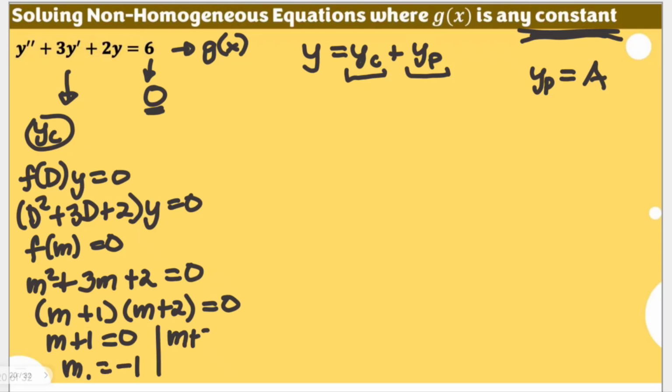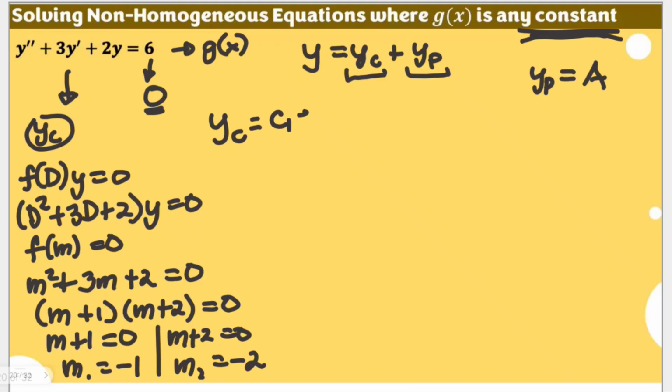Then our second root, m sub 2, is negative 2. Take note that our roots here are both real and are not the same.